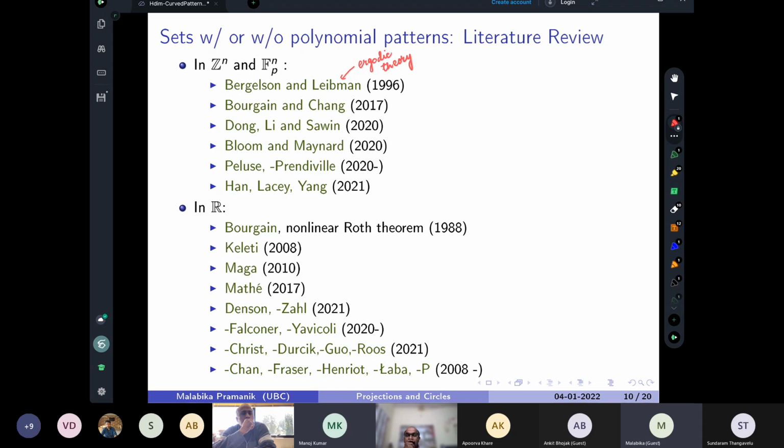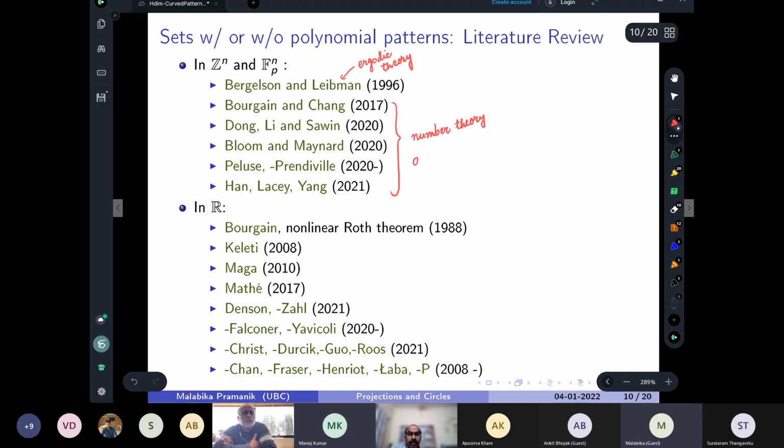So that's one direction. Now the work of Bourgain, Chang, so these results are on one hand motivated by number theory, because somebody actually already pointed out questions regarding primes and so on. So the motivation comes from number theory on one hand and additive combinatorics on the other hand. So this is to do with structures of sets of numbers and finite fields.